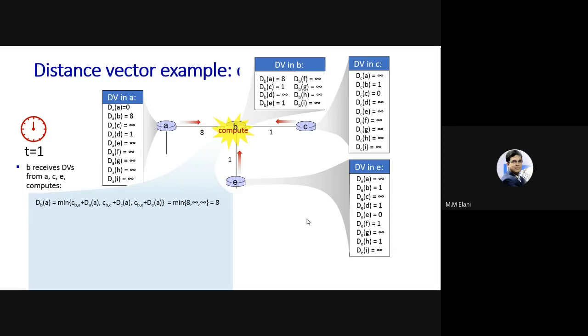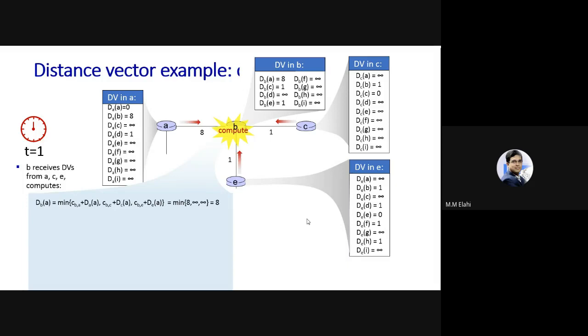Final one, C B to E. What is the value of C B to E? 1. And then capital D E to A. How does B get this value? Sir, from the table. Whose table? Sir, E's table. Very good.